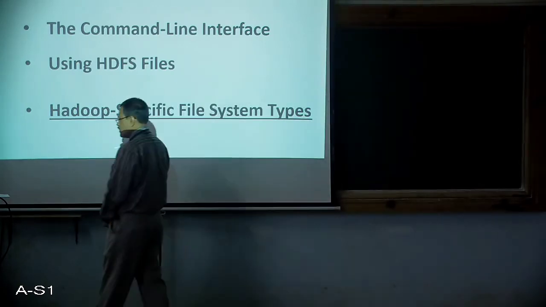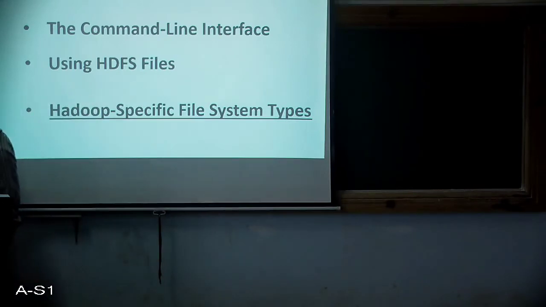In this master-slave architecture, the name node plays an important role. It deals with the file system and stores the metadata for all the documents and indexes in the file system.